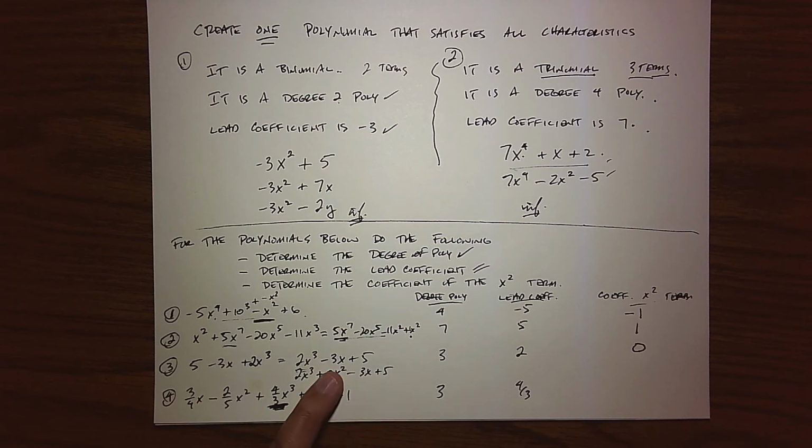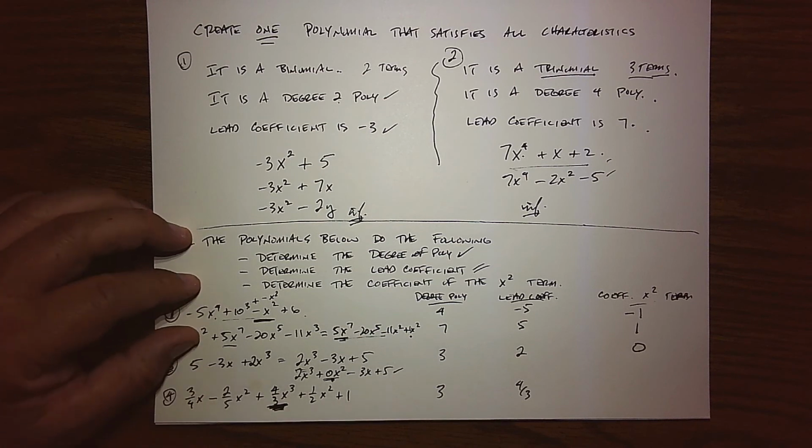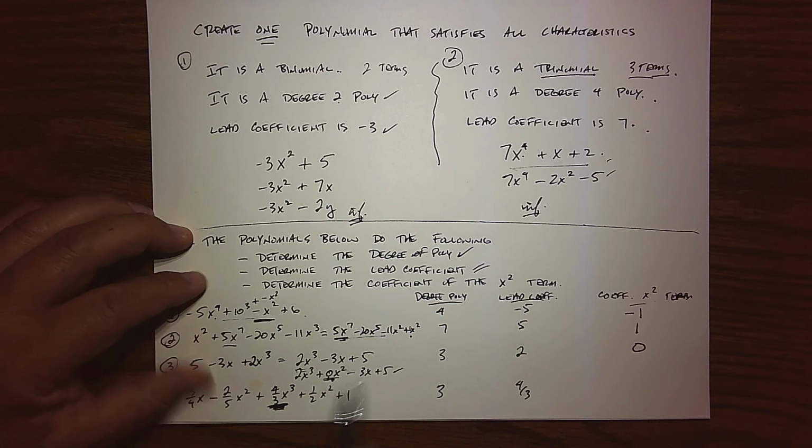So when you have a term that's missing, its coefficient is 0 because anything times 0 is 0, and so technically it's gone. So that's going to be important when we divide in section 4.8. It's kind of a placeholder, if you would. So be careful with that. When you don't see a term, that means its coefficient is 0.